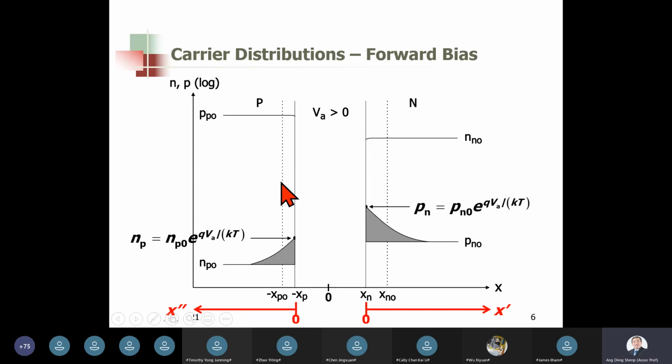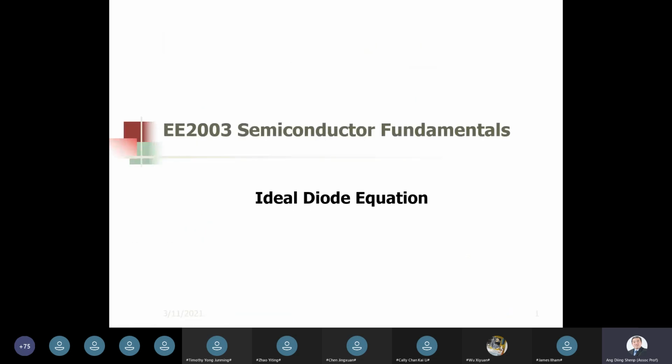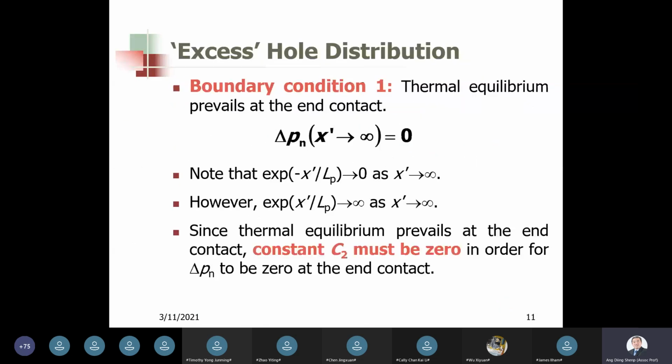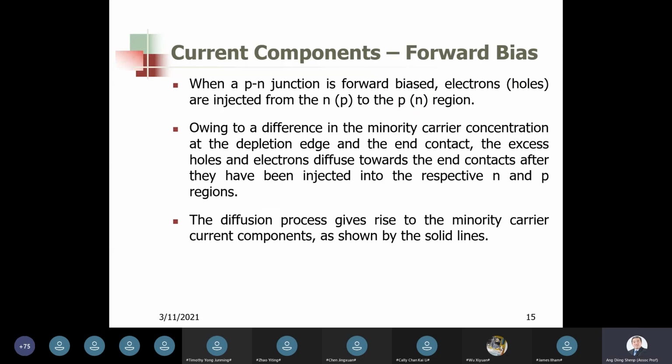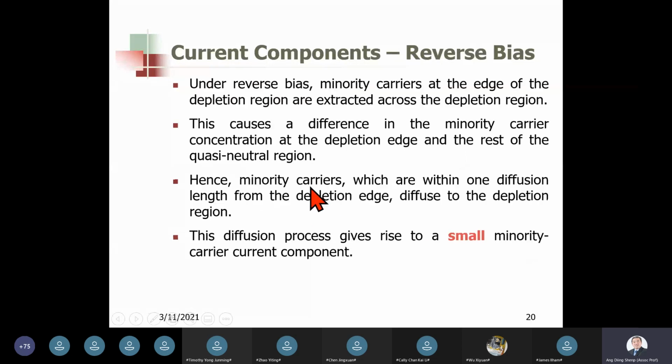With increase in the forward bias, the potential barrier is reduced, so many holes and many electrons can cross the junction. So the current under forward bias does not saturate, but instead it increases exponentially with the applied voltage.